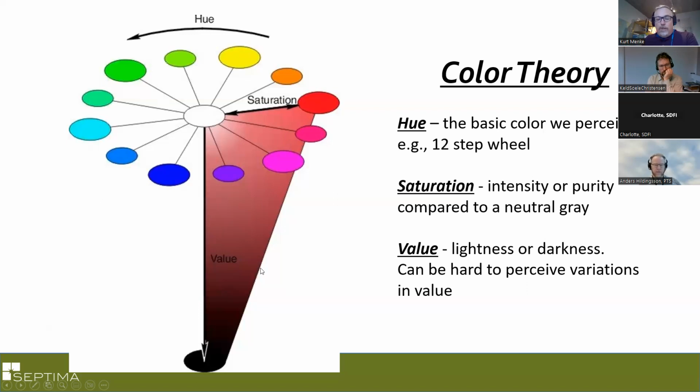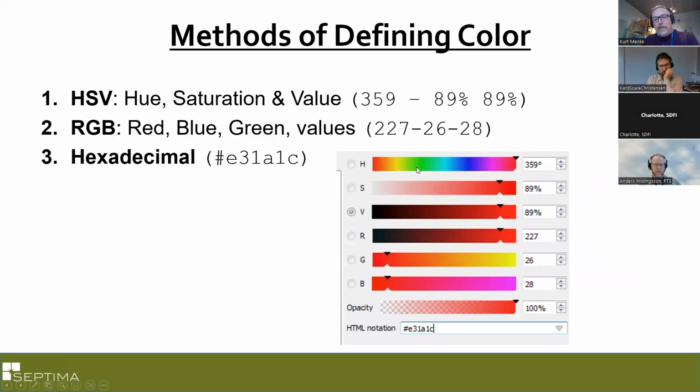And so you can use, on the previous slide, these sliders to control the color. Sometimes you have a color that you might like, but you want it to be a little bit lighter or a little bit darker. You can use the saturation slider to make it lighter or more saturated.